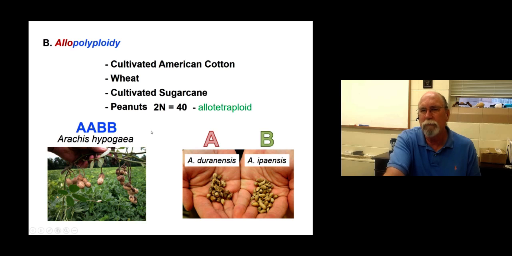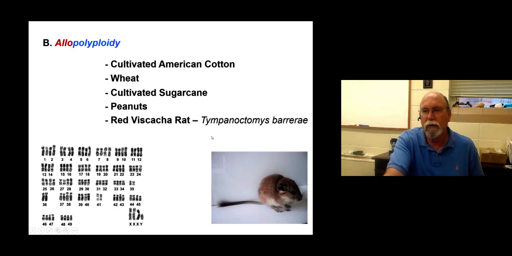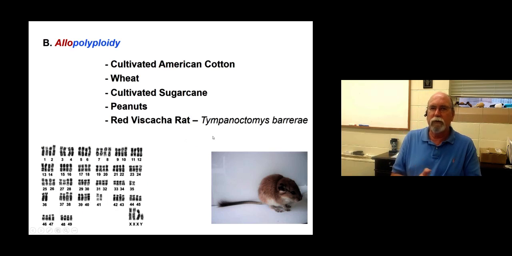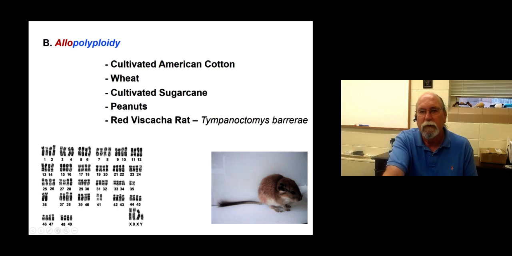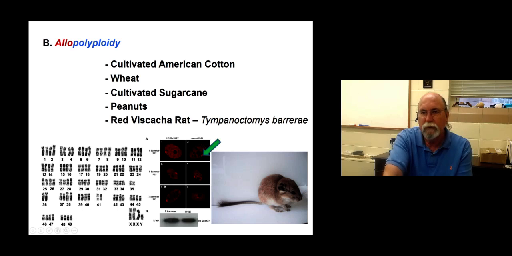As I said, most of these polyploid things are not particularly common in vertebrates, but there is at least one case that's been argued to represent an allopolyploid event. The red viscacha rat, found in South America, if you genotype it, clearly has chromosome sets that represent a combination of different species.